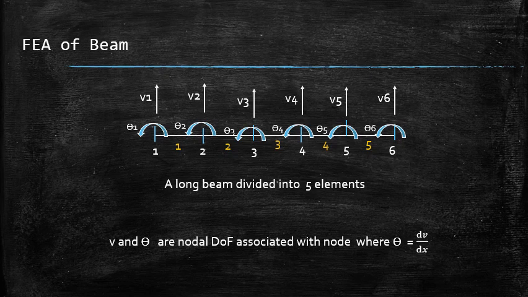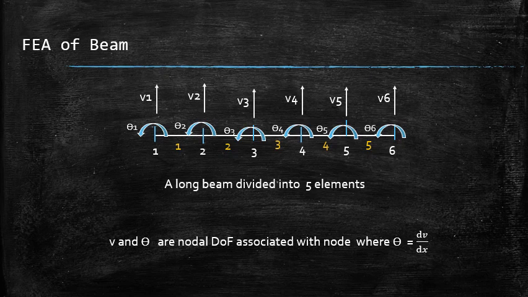So V1 is vertical deflection of node 1 and theta 1 is associated slope at node 1. Similarly, V2 theta 2 are vertical deflection and slopes at node number 2. V3 theta 3, V4 theta 4, V5 theta 5 and V6 theta 6 carry the same meaning.